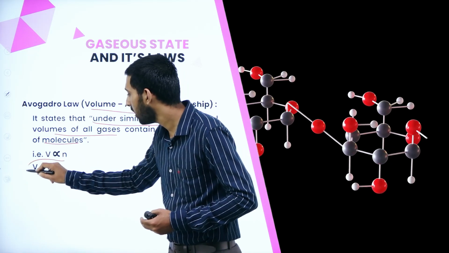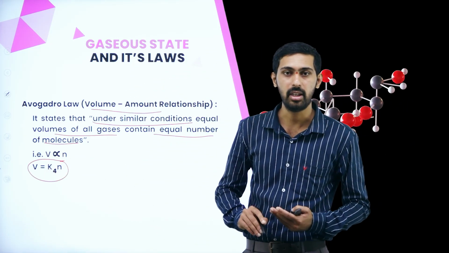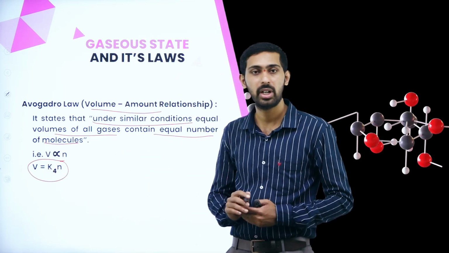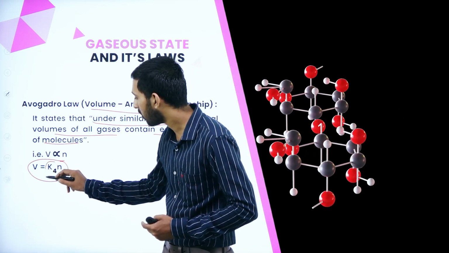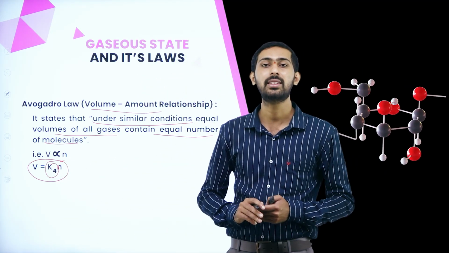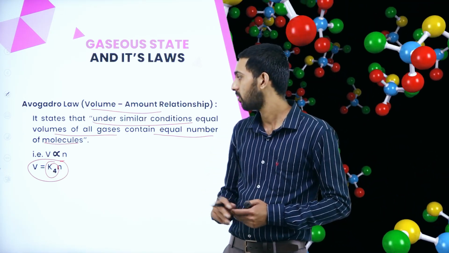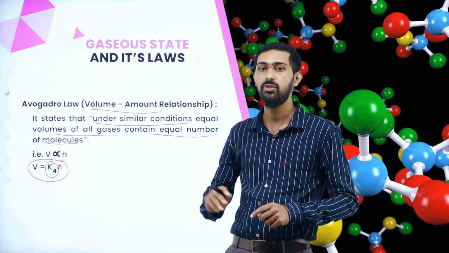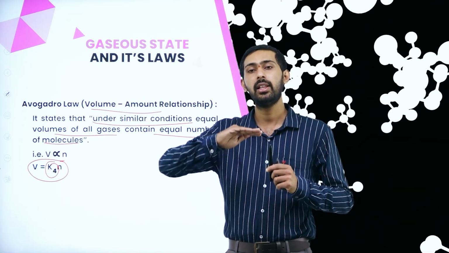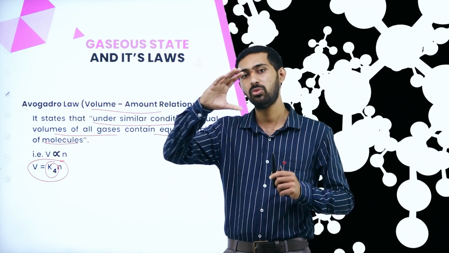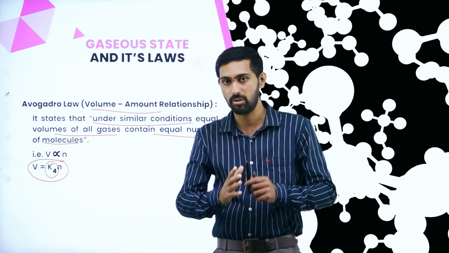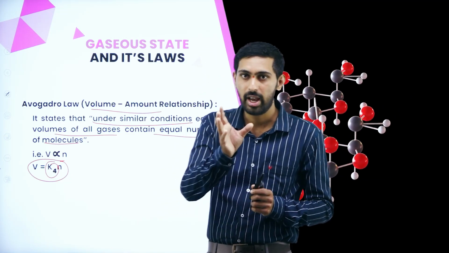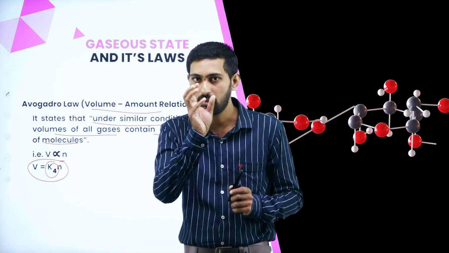Example, V is directly proportional to N, or if you remove the proportionality, we have to keep one constant, so I have kept K4 as a constant here. First thing we have to think, equal volume of all gases contains an equal number of molecules. Then only we can say this much volume is for one molecule, and they will have some amount of atoms or electrons in it.